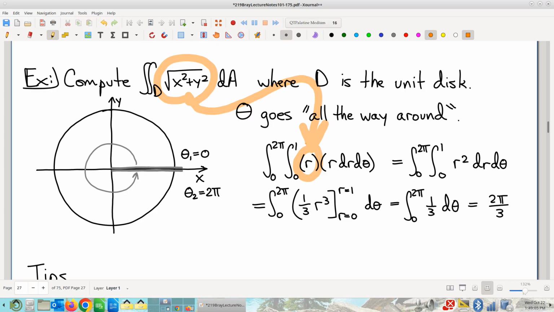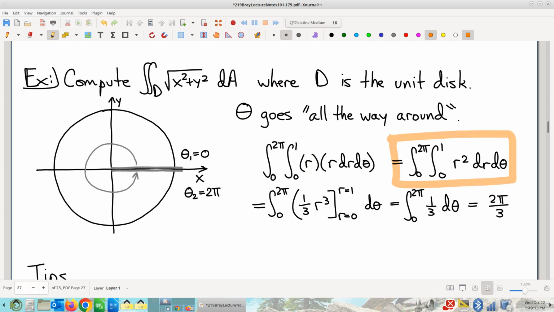It's, of course, the same either way. Okay, so look how much easier this integral works out, right? This is the iterated integral then that I have to deal with, and it's very easy to compute the antiderivative of r squared with respect to r. We get 1/3 r cubed, and it just goes down. Super duper easy. Everybody happy?